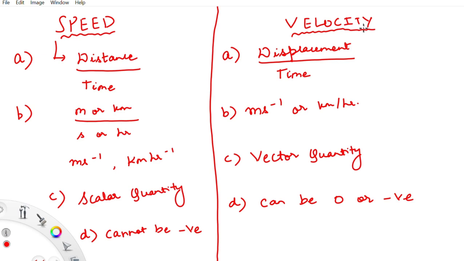But there also comes a stage where you say that speed and velocity can be the same. We learnt in our previous class that distance and displacement can be same only when an object travels along a straight line or in a straight path. So if an object is traveling in a straight path, then speed and velocity will also be equal. You can make a note of this statement because it's very, very important for you to understand the condition where speed and velocity become equal.